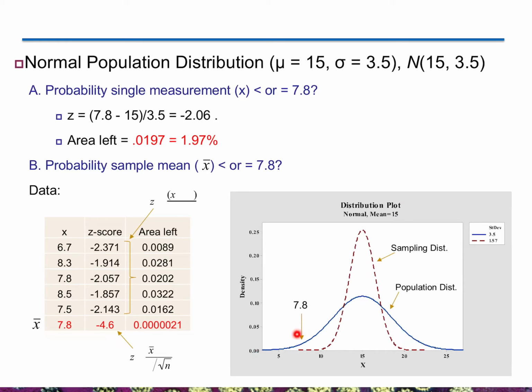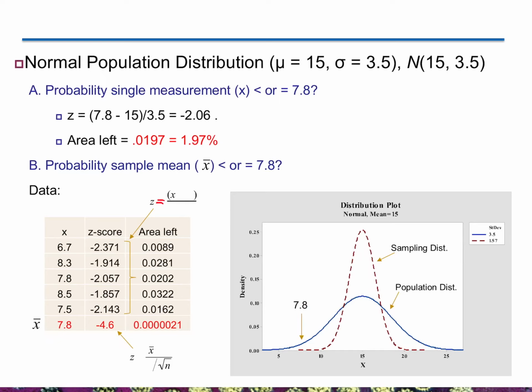Look down here. This blue line is our frequency distribution, our density curve for this population. Notice your standard deviation is 3.5, and your mean is 15. On that blue population curve, how likely is it for a measurement of 7.8 to occur?